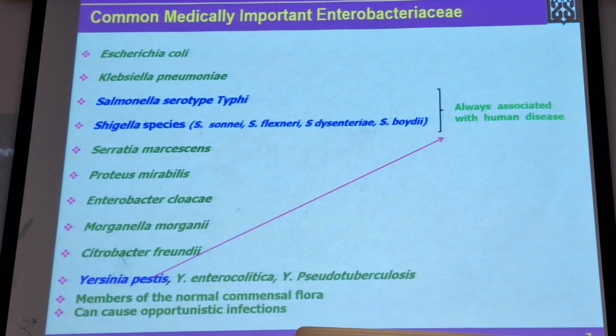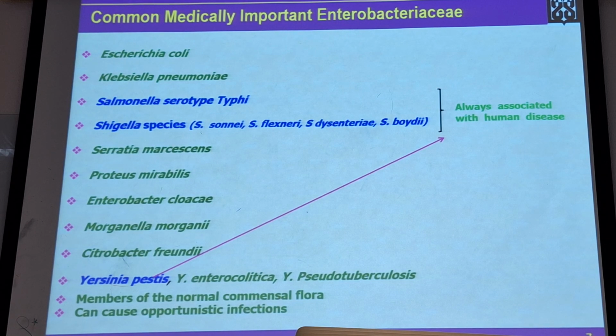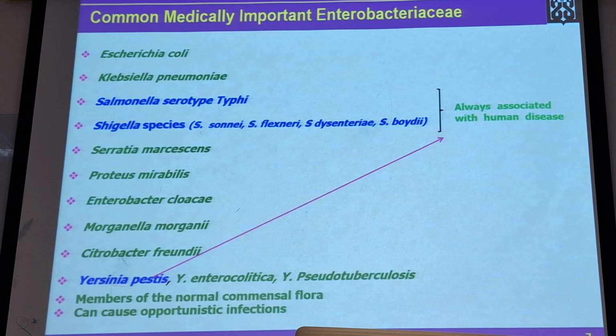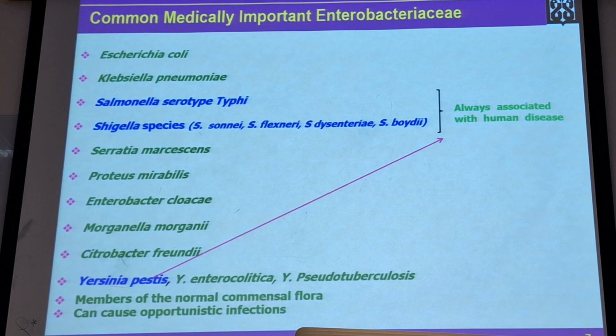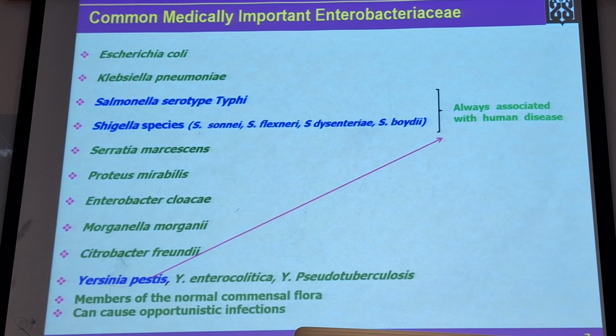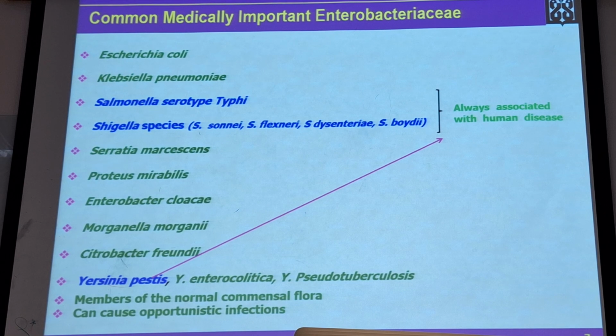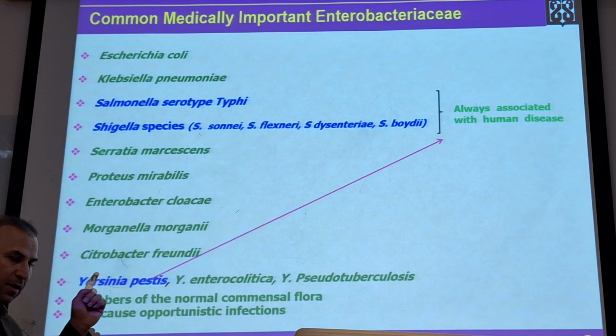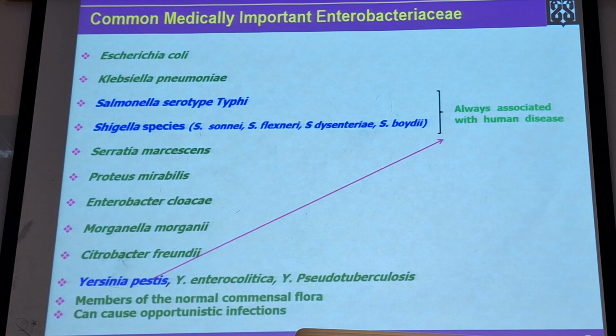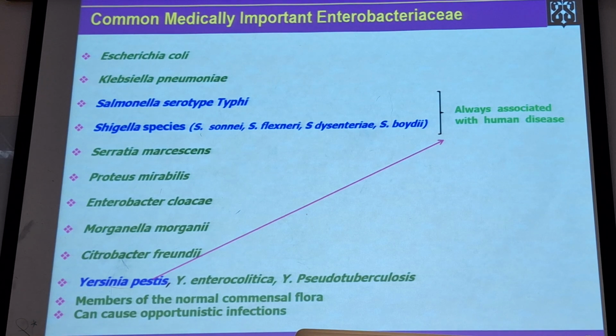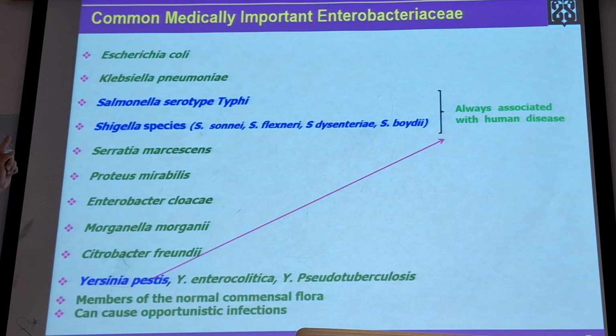As we mentioned, 50 genera and hundreds of species and subspecies have been identified. Most infections by members of Enterobacteriaceae are caused by a few species.